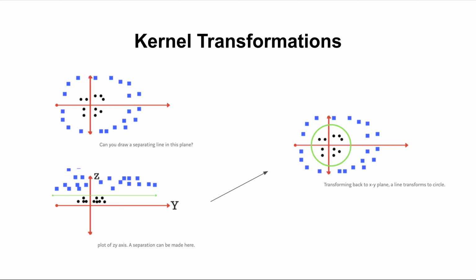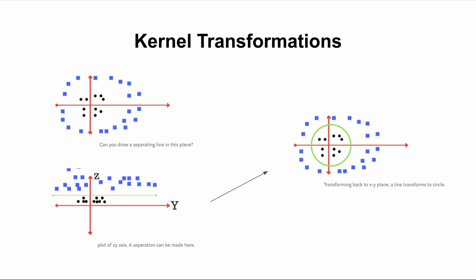And the question is, can you draw a separating line in this plane? This is a very interesting question because, as I said earlier, these data clusters are circular. So you can't really draw a separating line, because you can't draw a line to describe something in a circular formation.